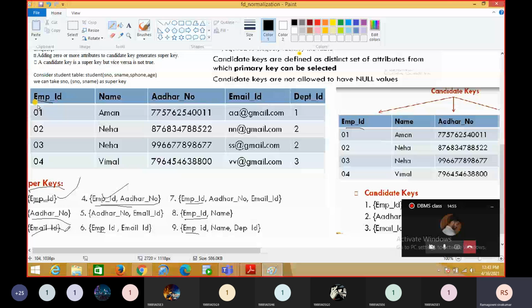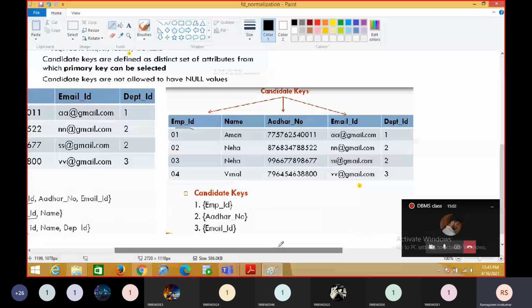If I want to find a value, by using employee ID we can find the department ID, or if I use the other number also, I can find the department number or the name of the employee. So it represents a unique value.